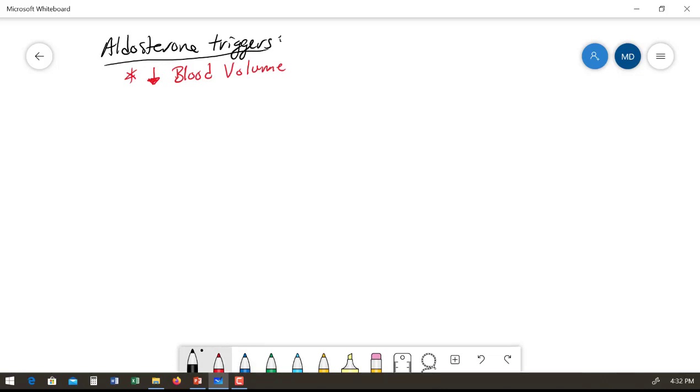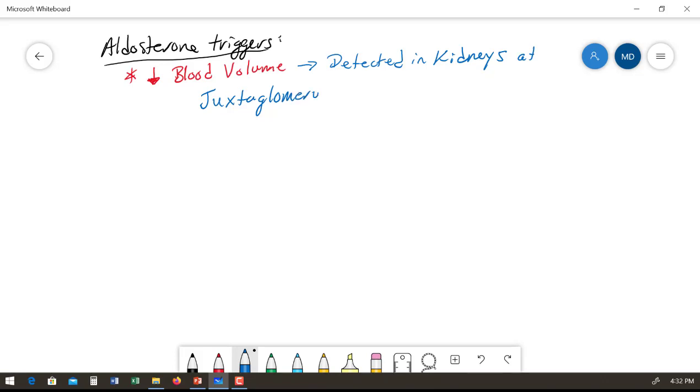All right, so there's a decrease in blood volume. This decrease is detected in the kidneys at a place called the JG apparatus, and that is the juxtaglomerular apparatus, also known as the JG apparatus.